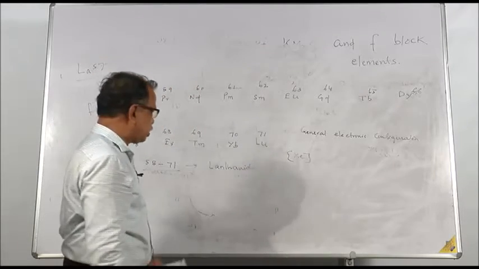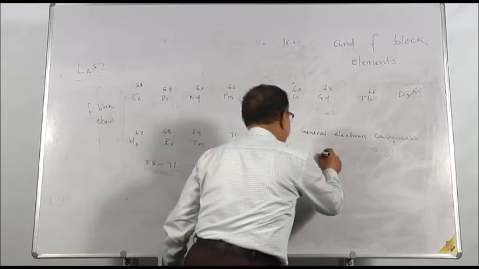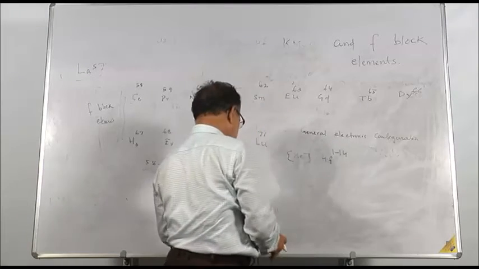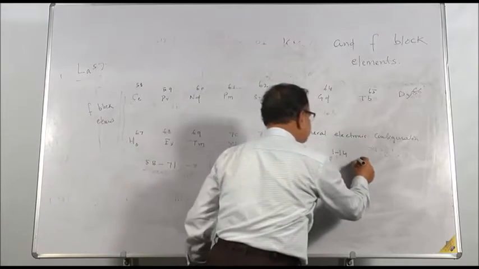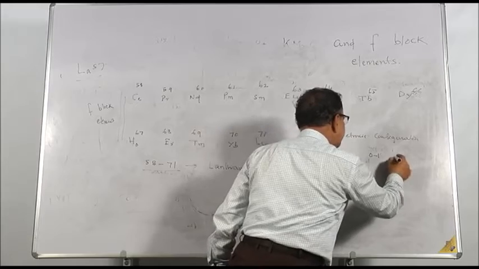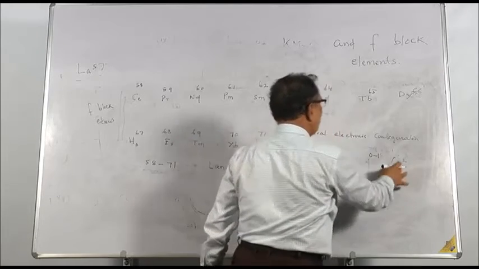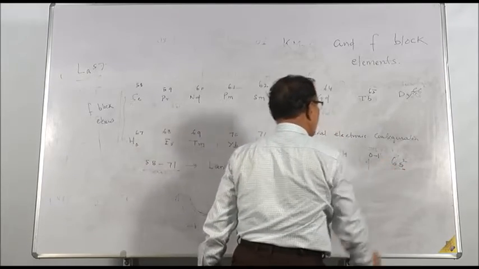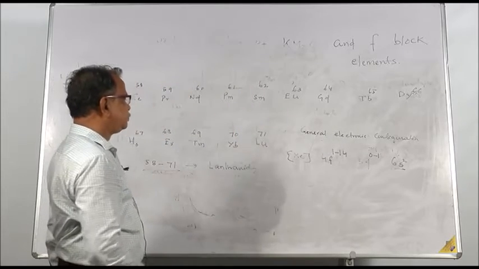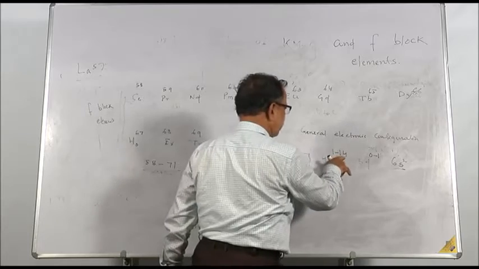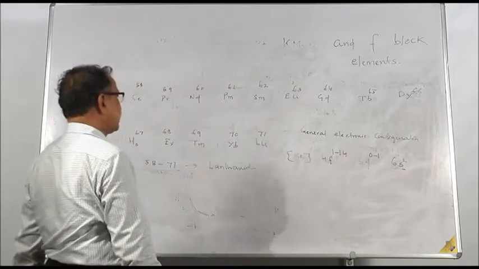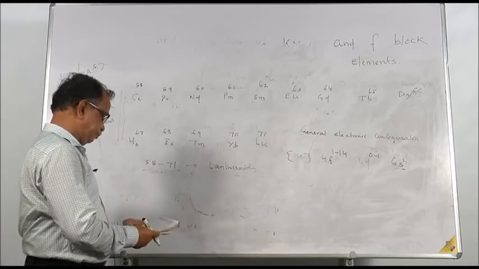You write down xenon 4f 1 to 14, 5d 0 to 1, 6s2. According to the Aufbau principle, 6s fills first. So these are the general electron configuration of lanthanides: xenon 4f 1 to 14 5d 0 to 1 6s2.